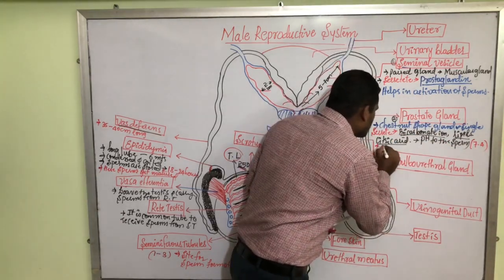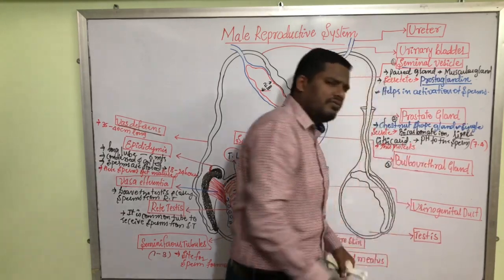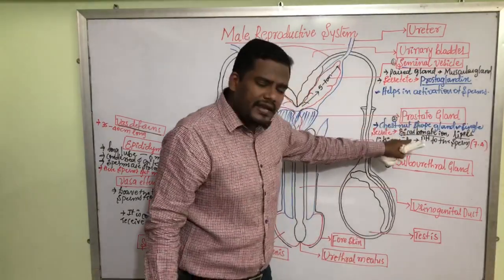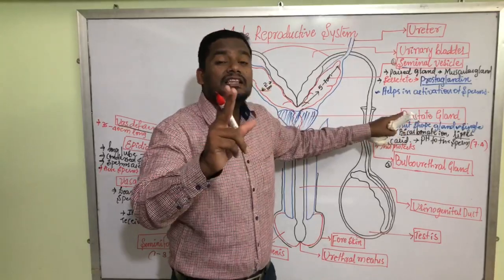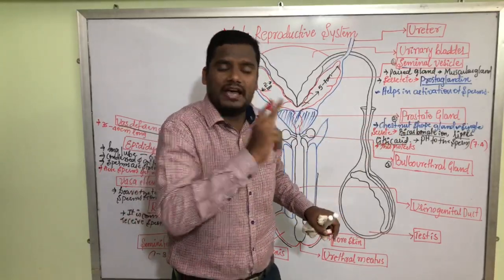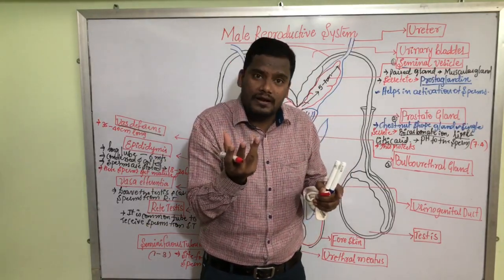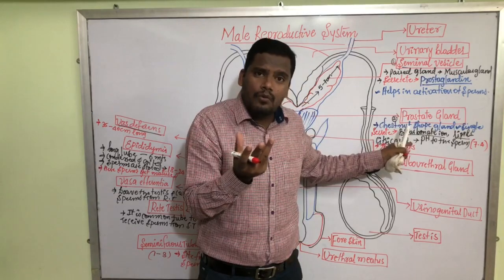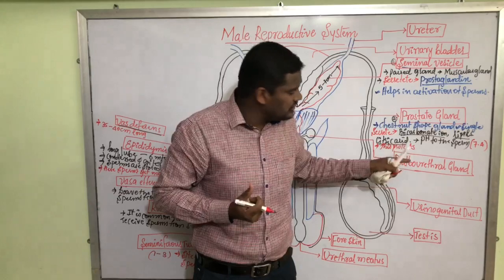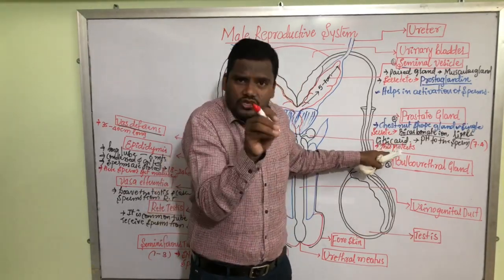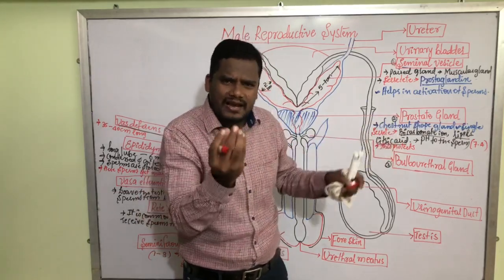This protects. Listen very carefully, my dear friends. During sexual reproduction, the male person is supposed to release the sperms inside the female vagina. And the vagina has an acidic environment. Inside the vagina, we have certain acids. We'll understand what acids are present in the vagina in our future videos. As the male deposits the sperms inside the vagina, the vaginal environment is slightly acidic.